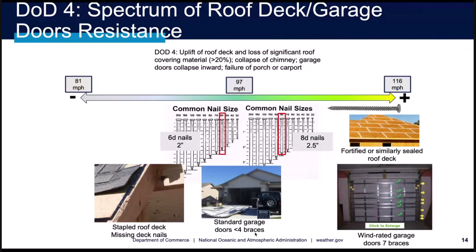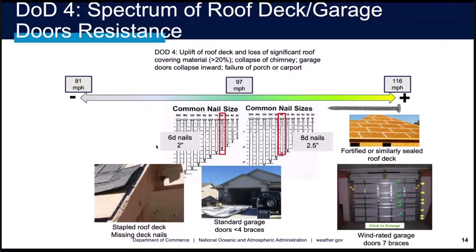The vast majority of garage doors are like this, even in new building, which was kind of surprising to me. Typically, if we want wind-rated garages, they're going to be at the top of this scale here. They'll have multiple braces, in this case, 6, 7, maybe even 8. And they are quite different. The garage door tracks are also similarly reinforced. So that's the difference there at garage doors.